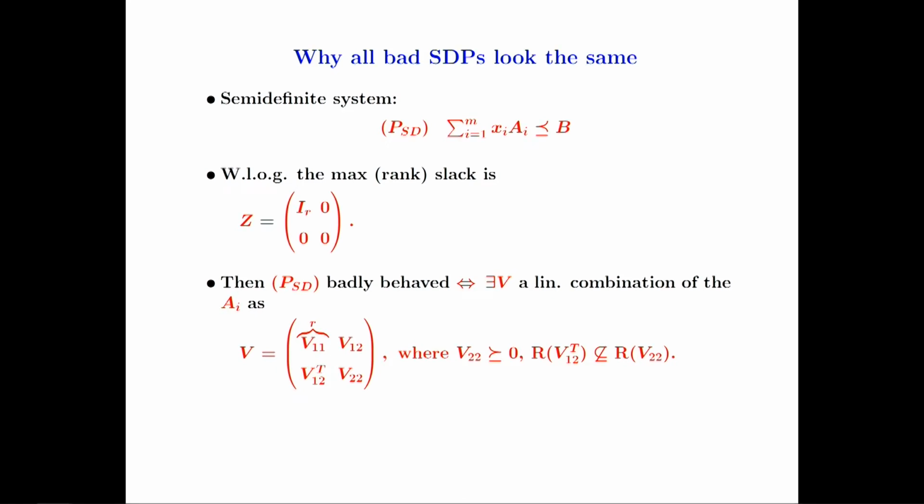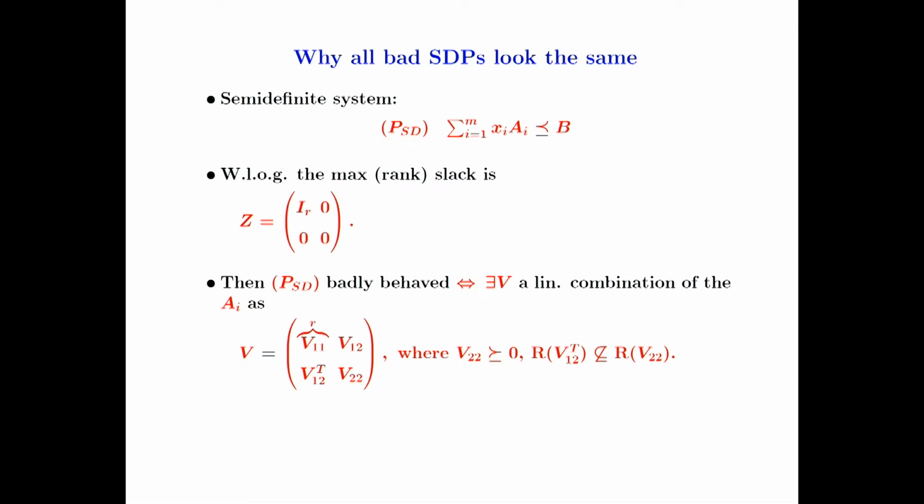And the range space of this submatrix is not a subset of the range space of the V22. And that's the complete characterization of pathological behavior, right? So this has to be positive semi-definite, and the range space of this should not be contained in the range space of that. That's the characterization.